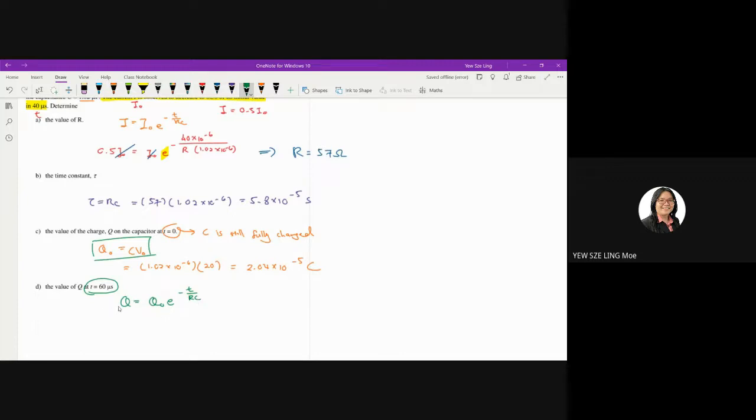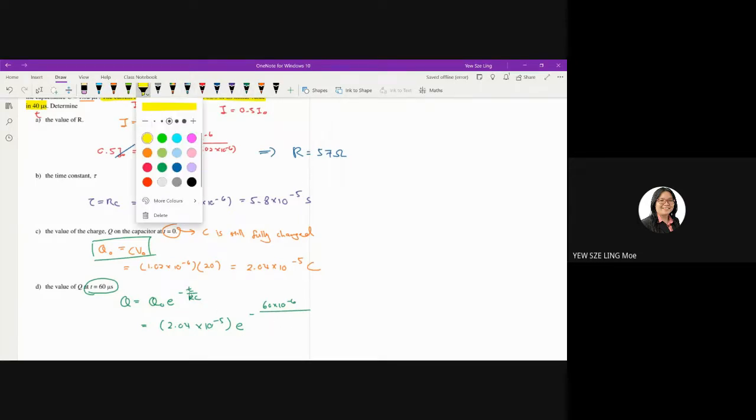So the initial Q you have is 2.04 times 10 to the power of negative 5, exponential negative, now the time given is 60 microseconds. So 60 times 10 to the power of negative 6 divided by RC. RC is your tau.